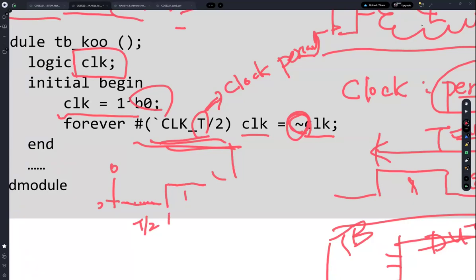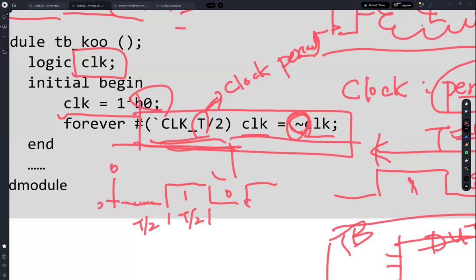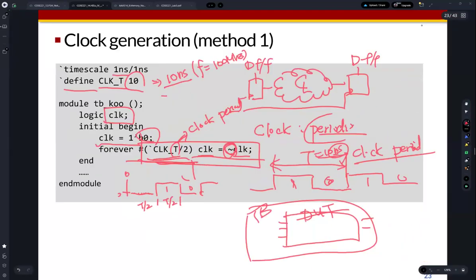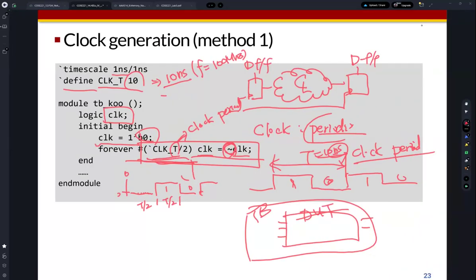And then after another T divided by 2, clock signal is inverted, right? So it's 0. This statement is repeated forever, right? So this is the meaning of forever. This inversion is repeated forever. So we can generate the clock signal in the Testbench module like this.